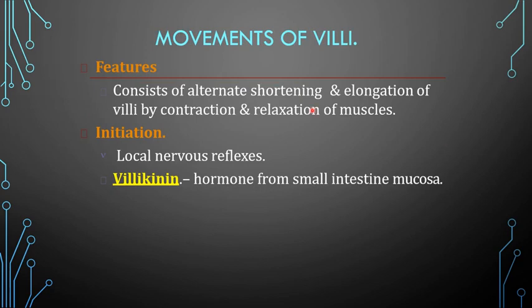The next type of movement is villi movements. It consists of alternate shortening and elongation of the villi by contraction and relaxation of muscles. The initiation of this villi movement is by local nervous reflexes and also villikinin, which is a specific hormone released from the small intestinal mucosa.